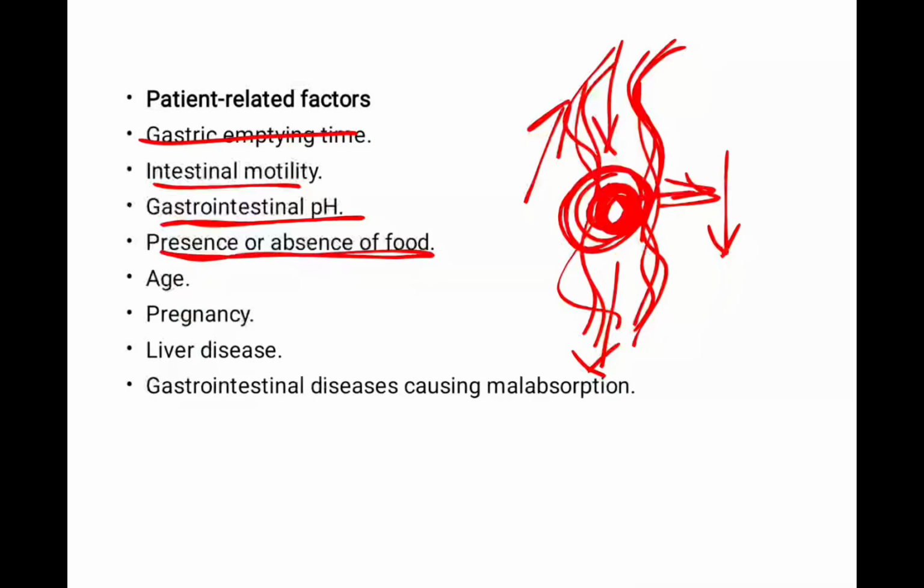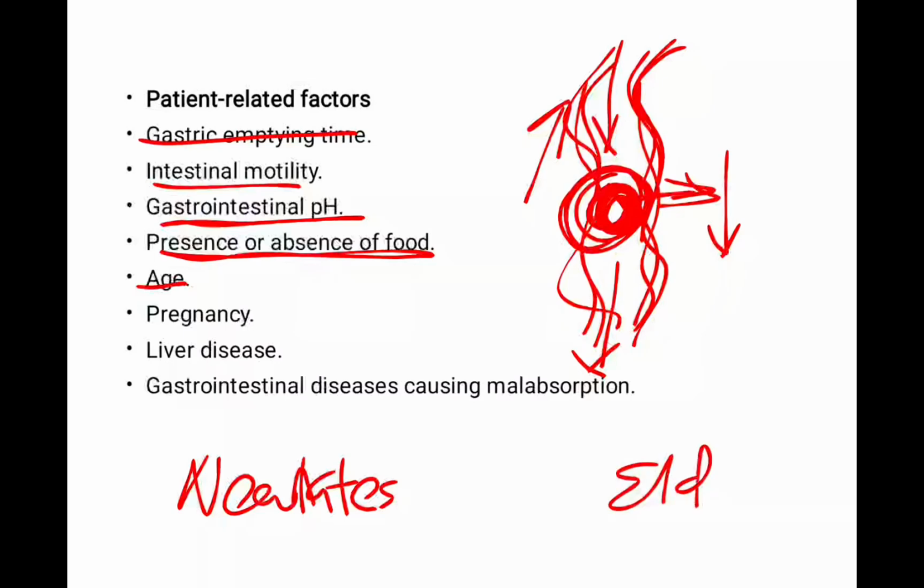The presence or absence of food also matters. There are certain drugs whose absorption increases in the presence of food, or decreases in the presence of food. So the presence or absence of food also determines bioavailability. Talking about age, we have extremes of ages, where we have neonates and the elderly.